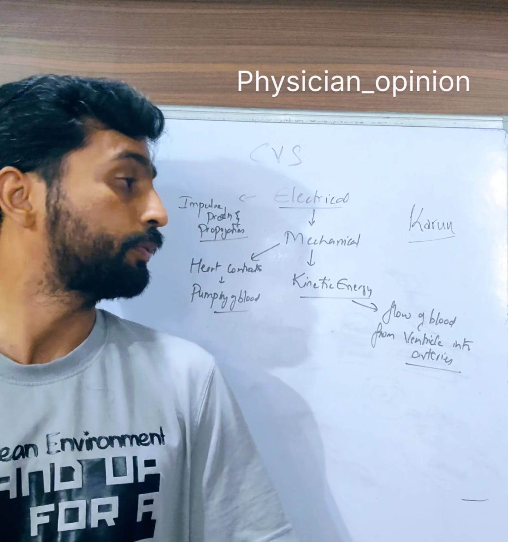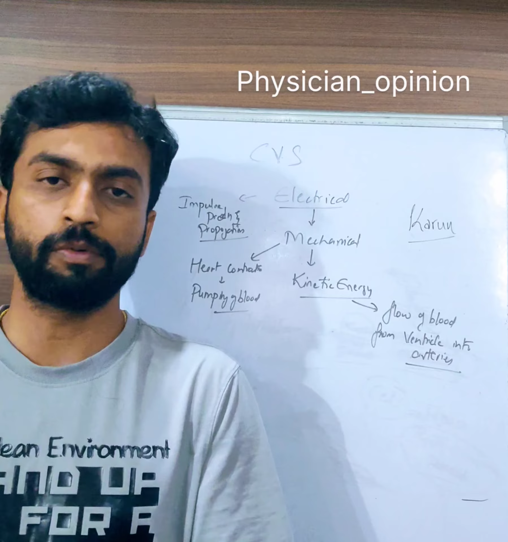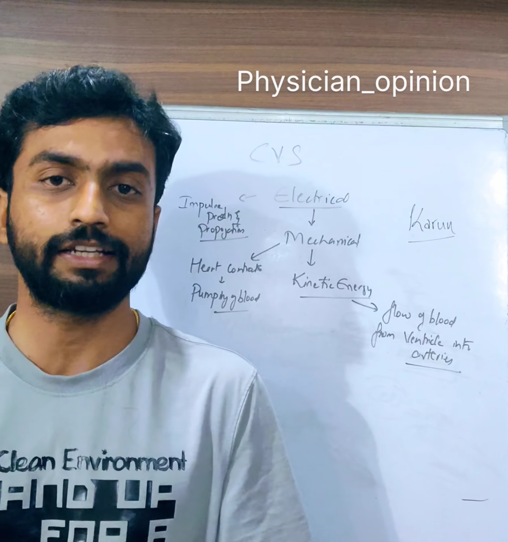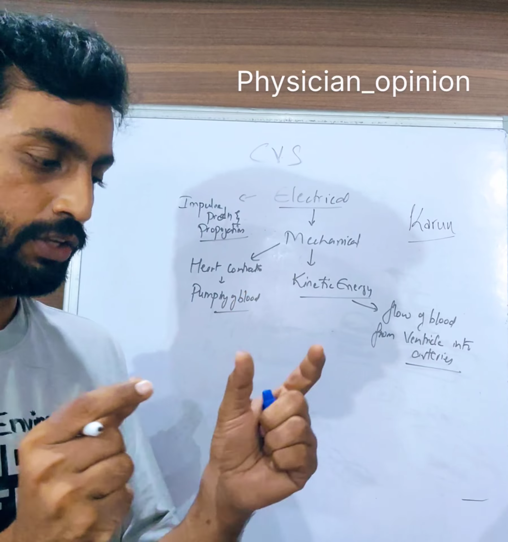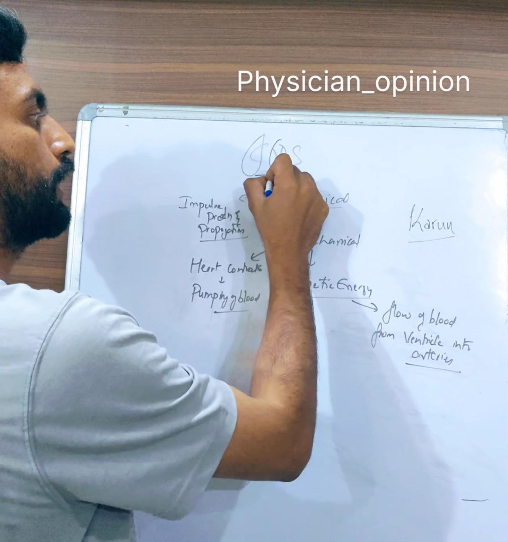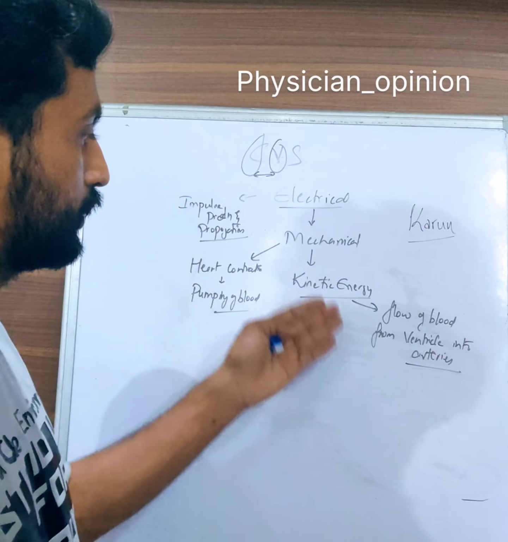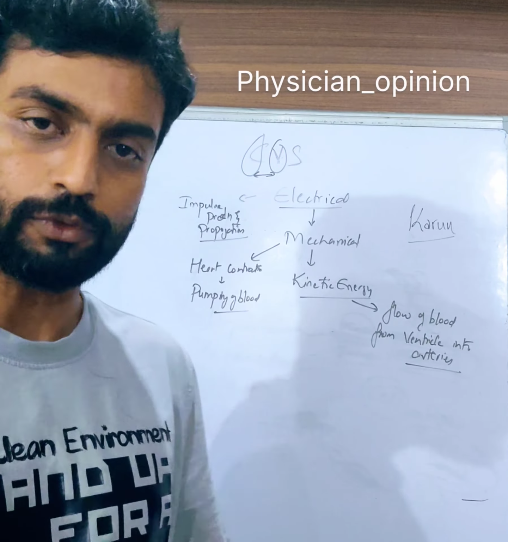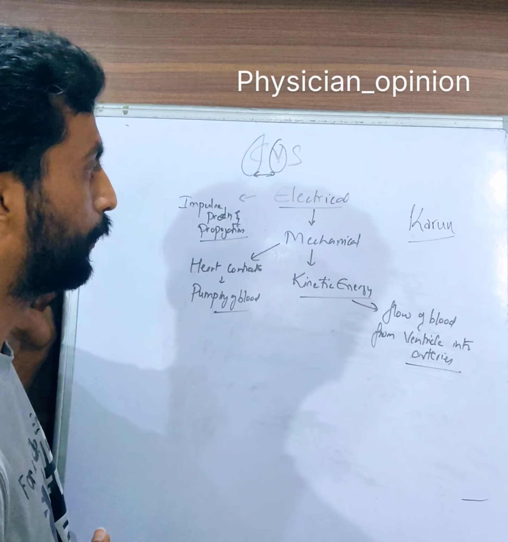Okay, so electrical activity is converted into mechanical activity, which ultimately leads to the production of kinetic energy, with which the cardiac and vascular systems are connected. Cardiac and vascular system is connected through this flowchart. Okay, so that is the first point I wanted you to know.